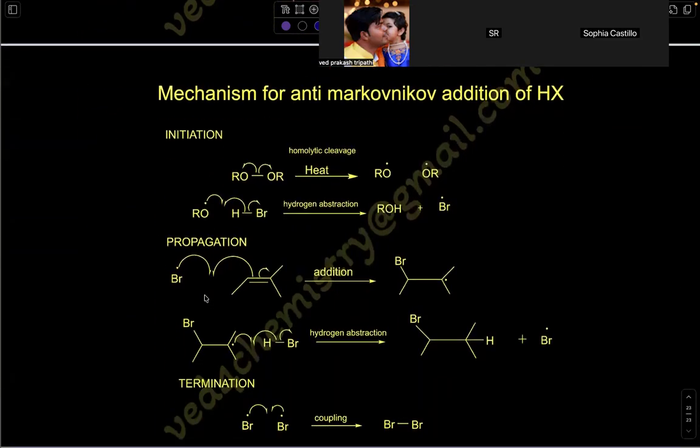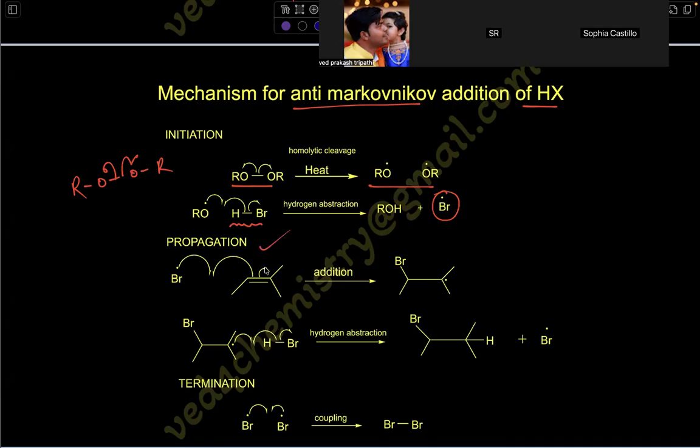This is the mechanism of anti-Markovnikov addition with HX, because it is also a free radical type mechanism. You know that in the first step, initiation, this peroxy bond is going to break. This is my peroxy, so half here, half here. So you have a radical, and then this HBr is also going to break, so you have a Br radical.